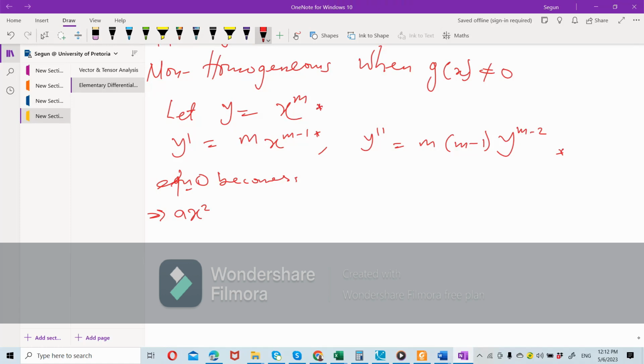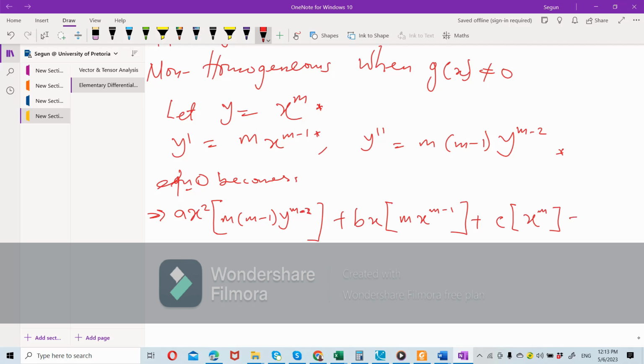So we now have m into m minus 1 x to the m minus 2, plus bx into m x to the m minus 1, plus c into x raised to power m, everything equals to 0.